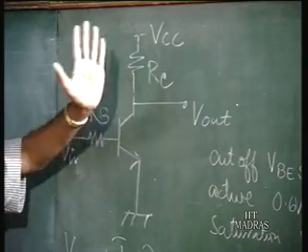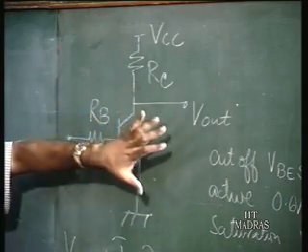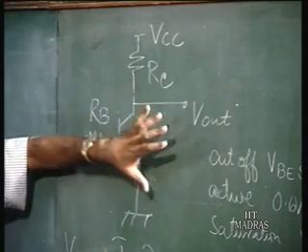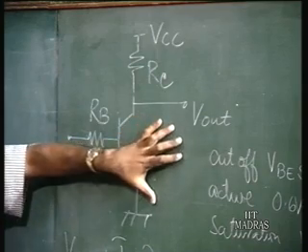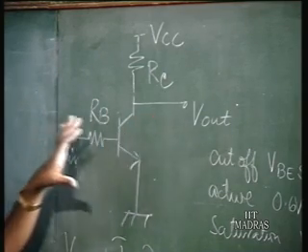But when the switch is open, what happens? You have a power supply, all the voltage will be dropped across the switch and current is almost equal to 0. That happens when the transistor is in the cutoff region.